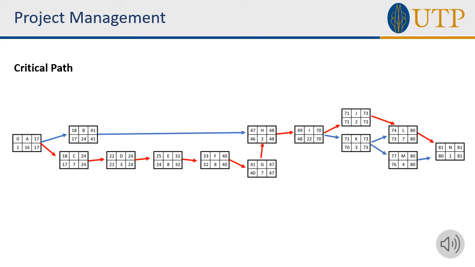So in total, our project took 81 weeks to complete. From the red arrow, first we start from A, and then C, D, E, F, G, H, I, J, L, and end with N. So this is our critical path. So that's all. I pass to the next member.